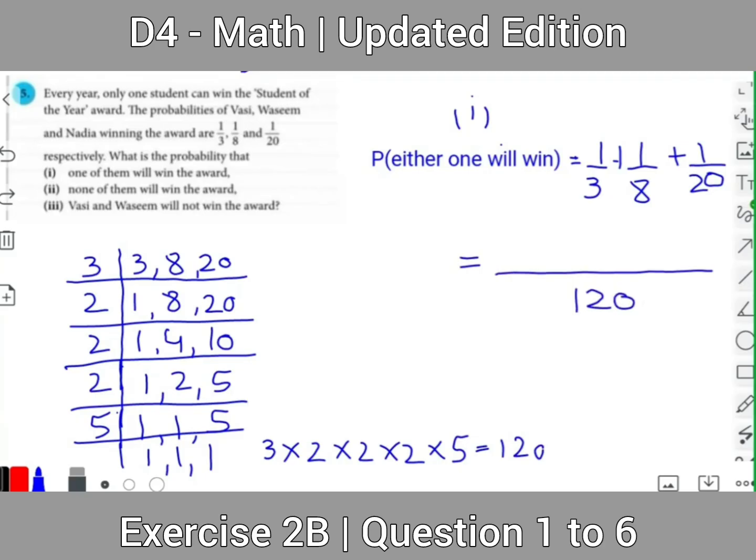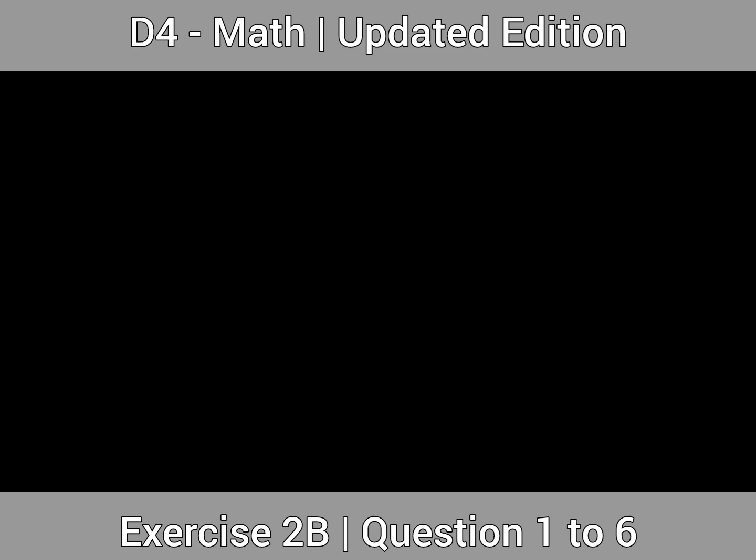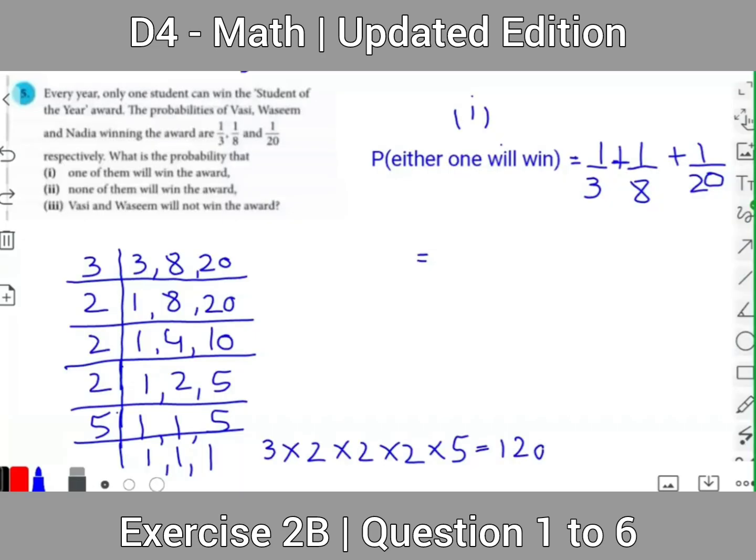And now, as we have taken the LCM and that is 120, we will use the butterfly rule here. So 3 times 40 is 120.